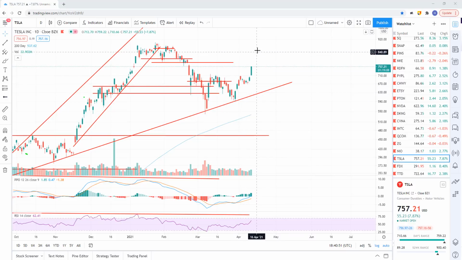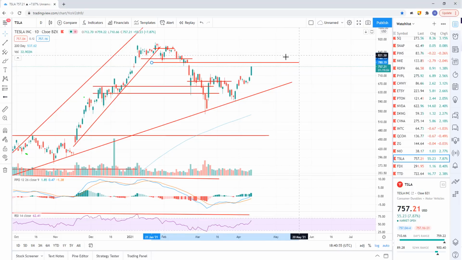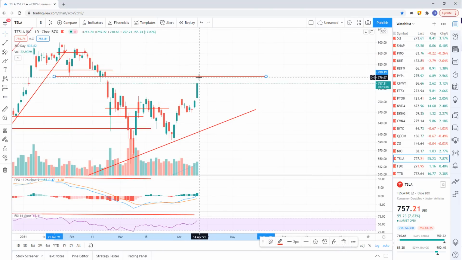So Tesla could obviously run up and make a new high. And we have resistance right up here. Next level of resistance really looks to be at about 780, 81. That's the next level of resistance where I think we're likely going to start to fail and get rejected. But yeah, that's it. Really just moving up to that resistance line right now.